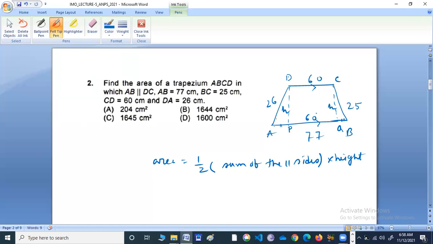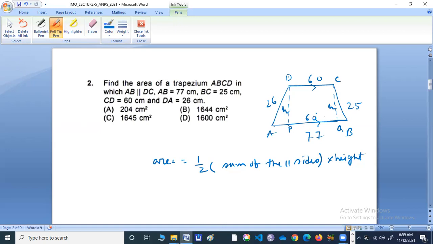Then you can apply Pythagoras theorem. Actually, we don't know that this would be equal or not. We are not sure this would be equal. Right? So let us assume they are different.